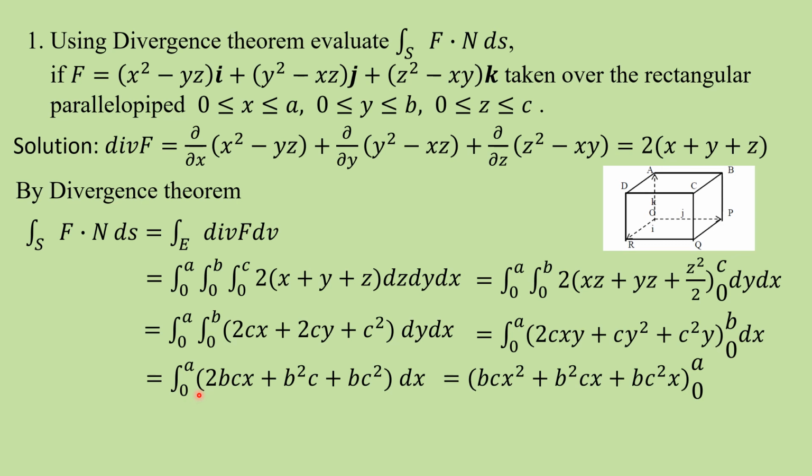So that gives bc x square, since the 2 gets cancelled, plus b square cx plus bc square x. Apply the limit for x now, that simplifies to a square bc plus ab square c plus abc square. In this we have abc common, so you can write abc times a plus b plus c.